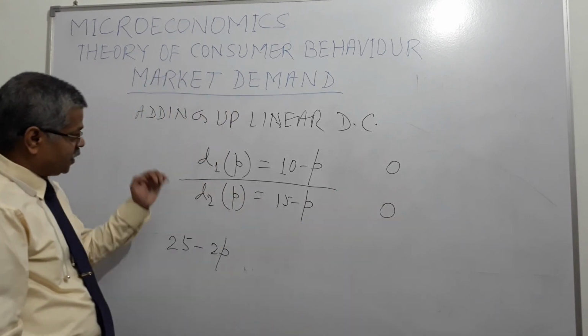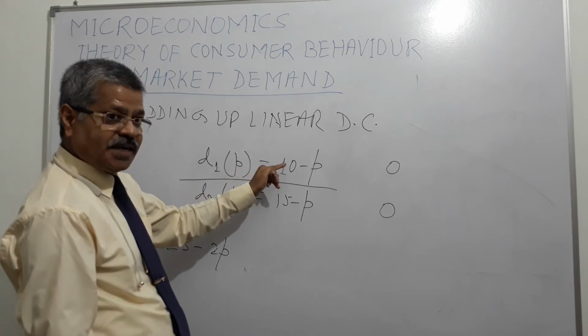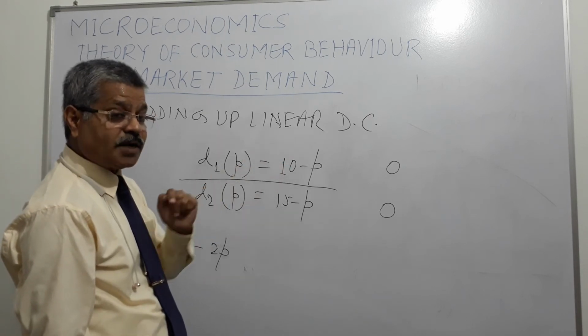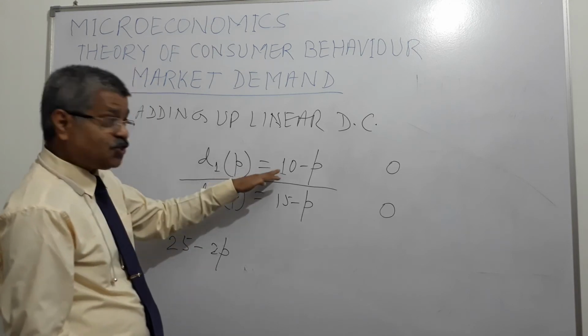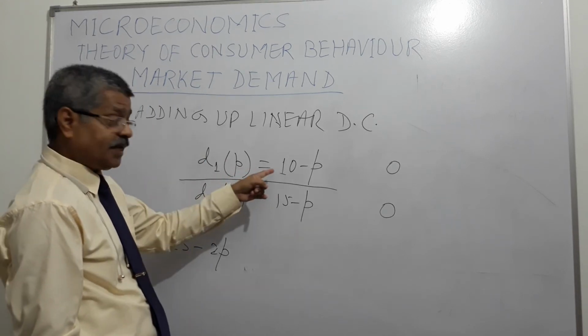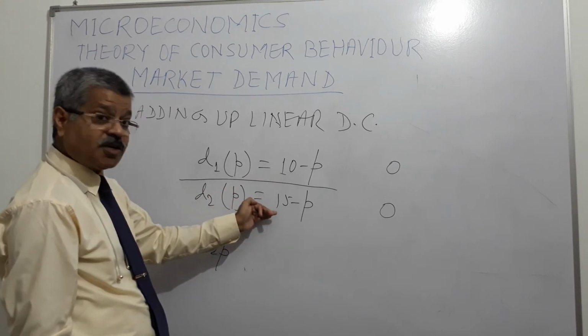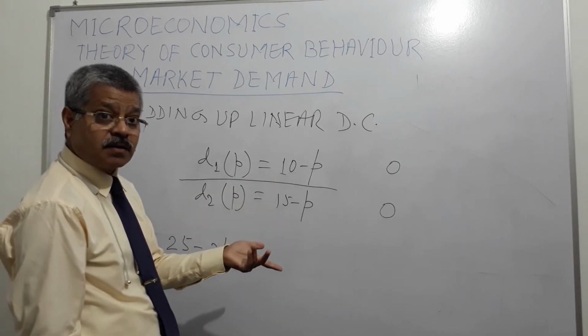Now, if the price is equal to 10 or below 10, what happens? What is the market demand? This consumer is willing up to 10, and this consumer is willing up to 15.